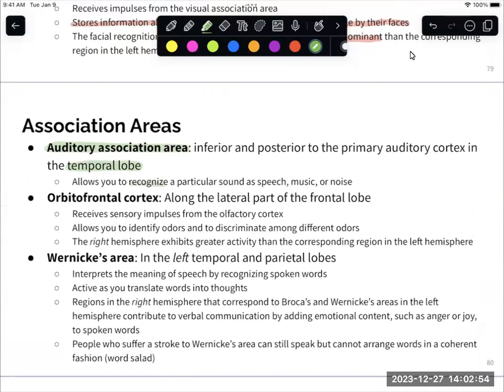This is what helps you recognize speech, music, or noise. So again, you're able to know you're hearing something, but then that association area lets you know what it is.